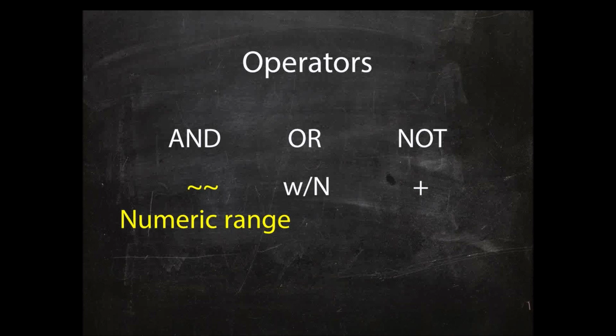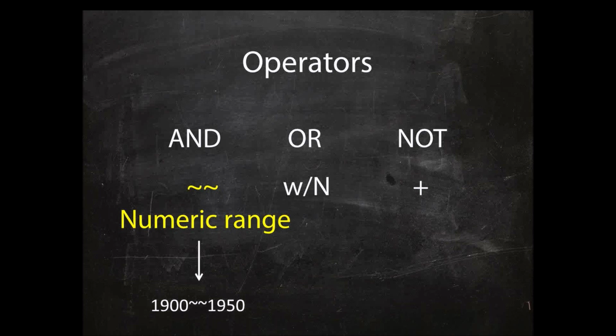So the double tilde stands for a numeric range. So for instance, if I were to search 1900 double tilde 1950, it'll return results that have any number between 1900 and 1950, whole numbers, for those mathematically inclined. Now keep in mind that for all of these operators, unlike the wildcards, these operators can only be used in the keyword field.